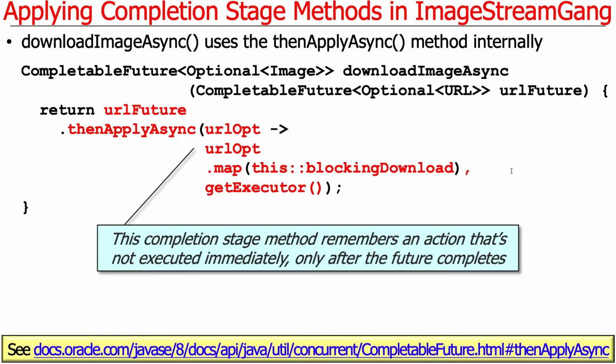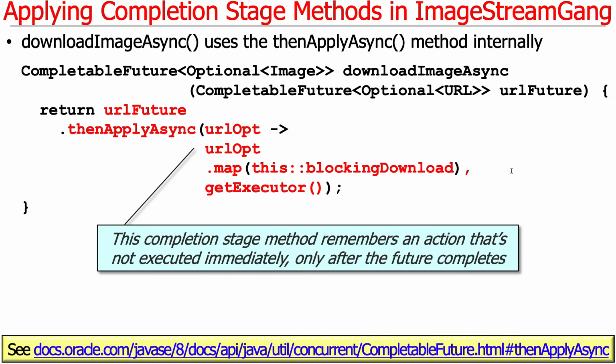And this completion stage method is going to register this action, and this action will be executed when the future completes. Now, I told you before that this future will complete pretty quickly because it doesn't take too long to check whether an image has been cached already. But it may take a little bit of time.